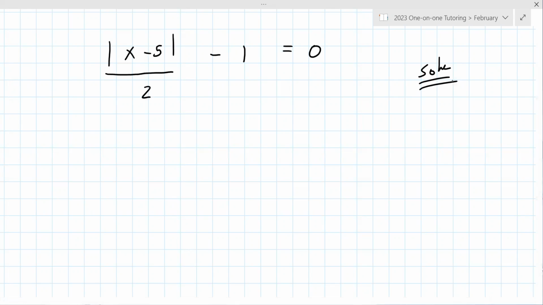Let's go: absolute value x minus 5 over 2, minus 1 equals 0. Go ahead and solve this for me. The full thing with the cases? Yes. Okay, gotcha. And if you have questions along the way, please ask. Be happy to confirm your answers.